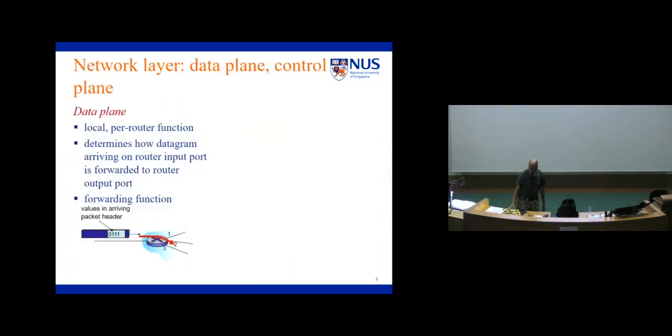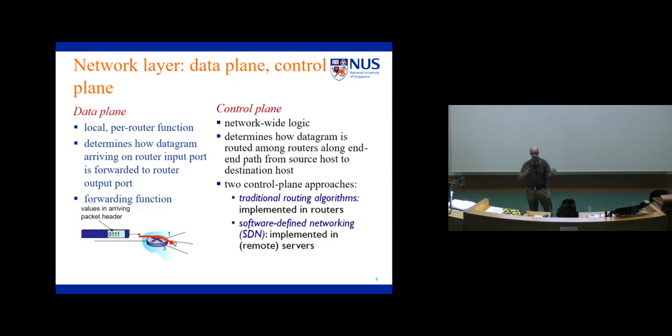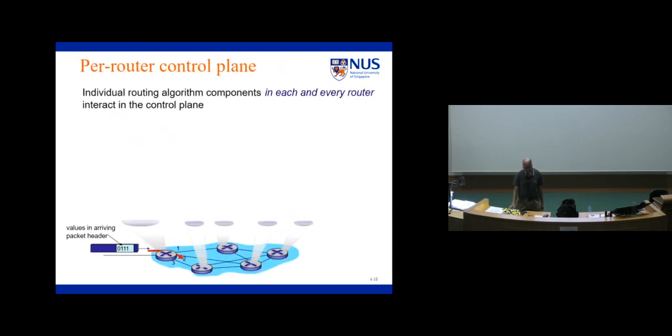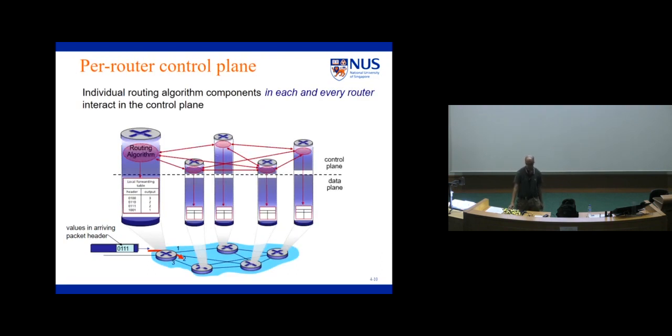And previously we have also divided these two functions into the data plane and the control plane. So forwarding is the job of the data plane, and routing, which decides which path to take, is the job of the control plane. And we have also looked at how there are 2 ways in which we can implement the control plane.